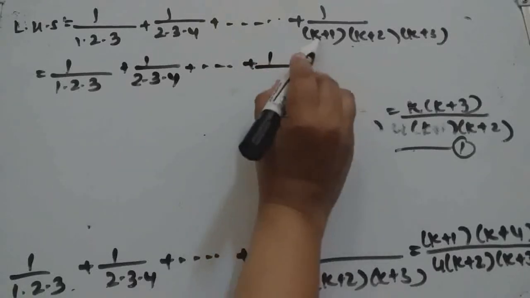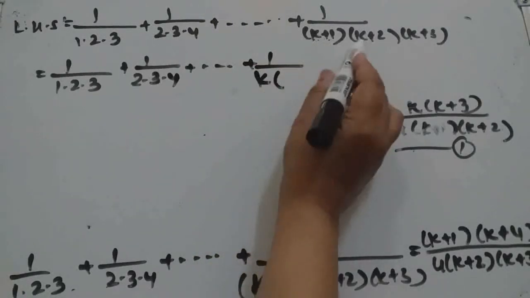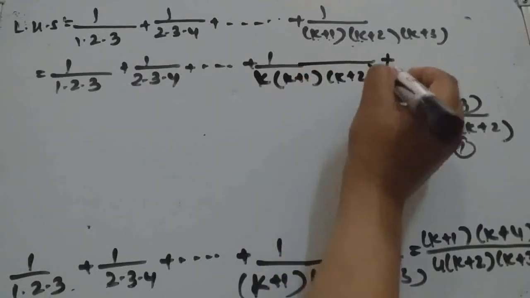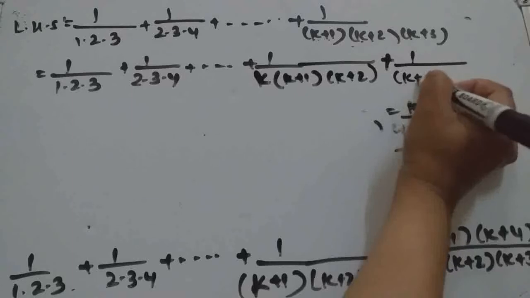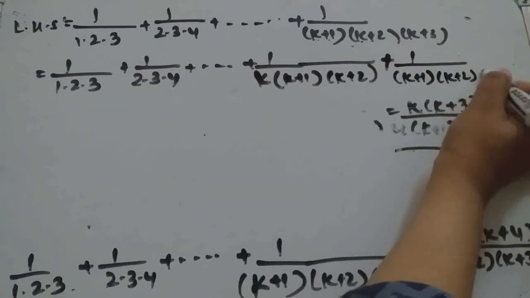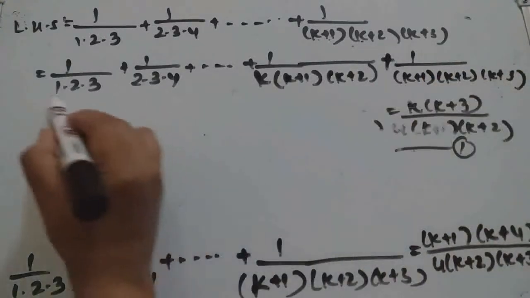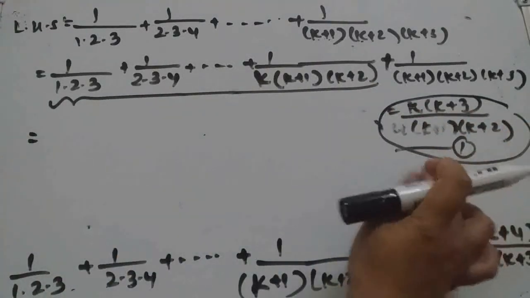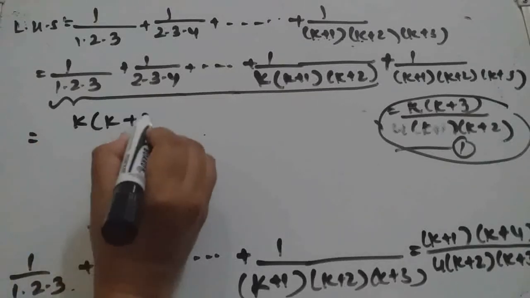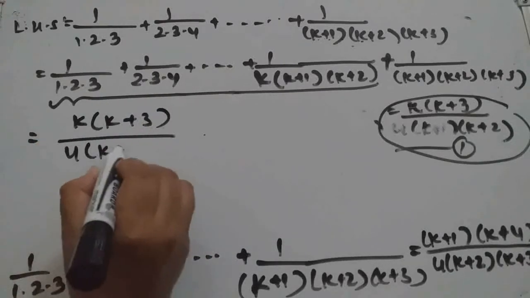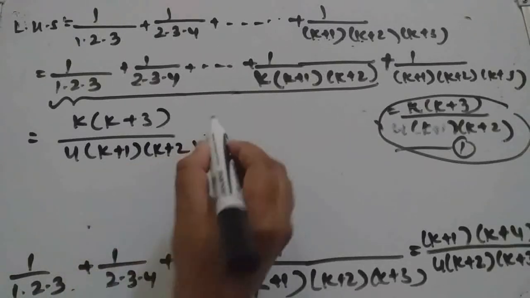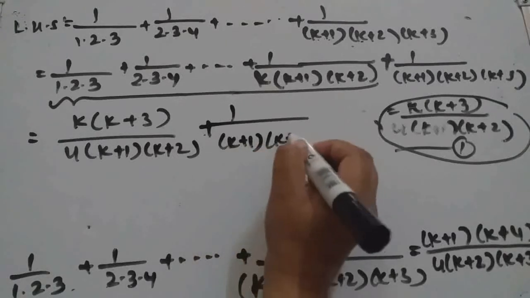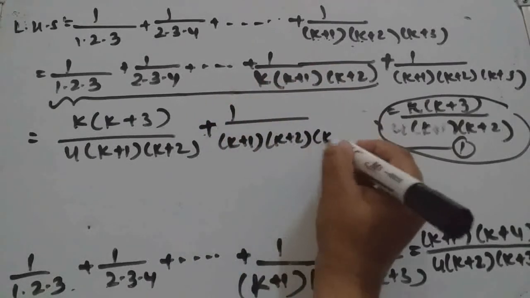So see what we will get, k plus 1 minus 1 means k. This is k plus 1, this one is k plus 2. And then last term. So from here to here, from equation 1, this is RHS. So we can write k plus 3 divided by 4 times k plus 1, k plus 2, and then last term 1 by k plus 1, k plus 2, k plus 3.